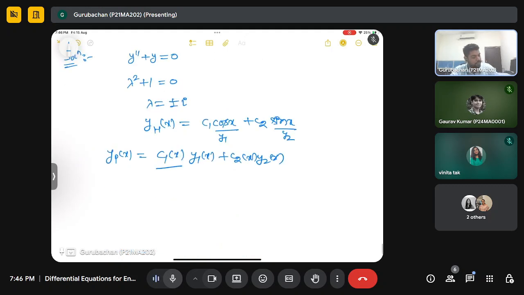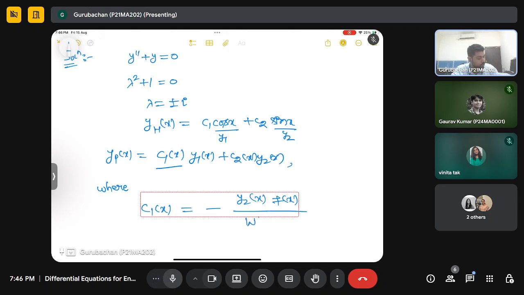So what is c1(x)? This c1(x) is the integral of minus y2(x) f(x) divided by the Wronskian of y1, y2 at x, plus some arbitrary constant d1, which comes from this indefinite integration.